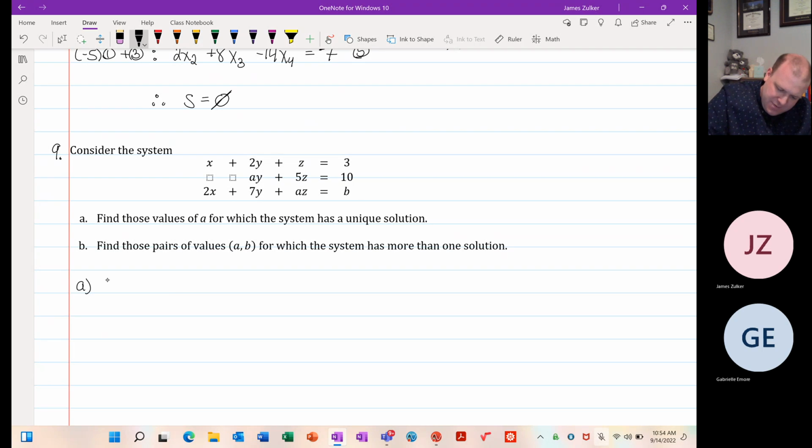So -4 plus 7 is 3y. -2 plus a is a minus 2 times z, right? So then that has to equal b minus 6. And this equation, the second one's just going to drop through.